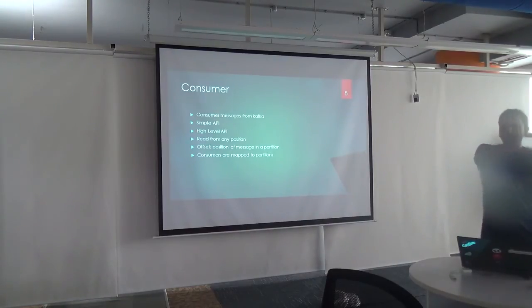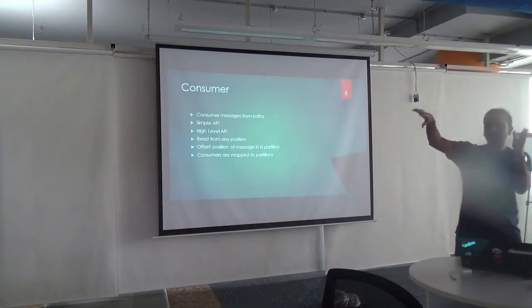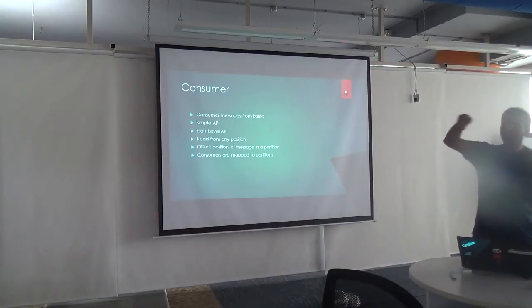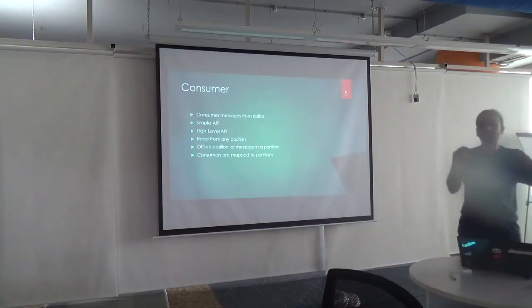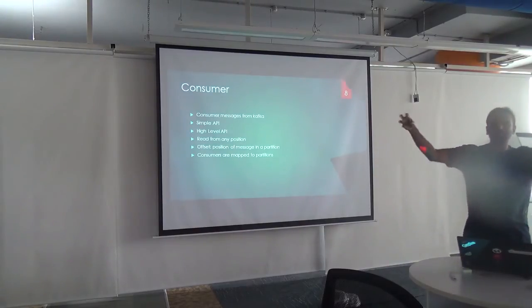It pulls from somewhere, saves it in memory or disk, and then pushes it. Kafka is just the central part of it. It doesn't pull anywhere, and it doesn't push anywhere, because that is the job of the producer and consumer.